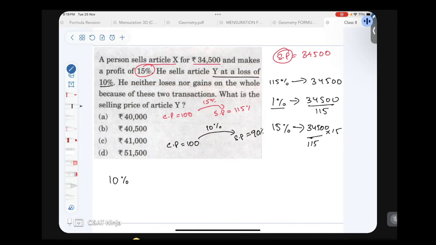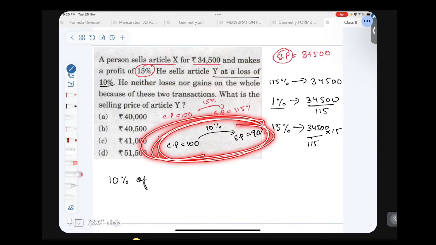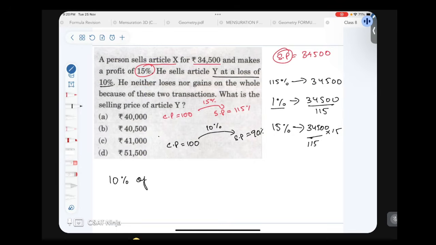The question says 10%. We lost 10% here. 10% of what? This one. So 10% of this transaction is nothing but a transaction of Y. So he's losing 10% of Y. I'll just write Y there, which is equal to he's losing 10% in Y, but he is gaining 15% in the other one, which is 34512 divided by 115 into 15.